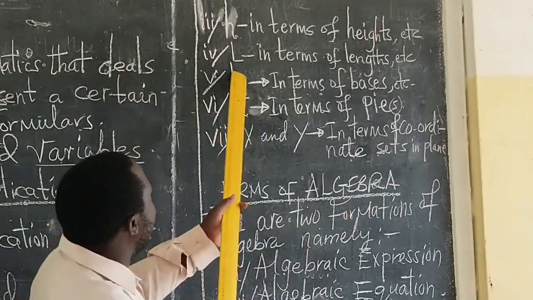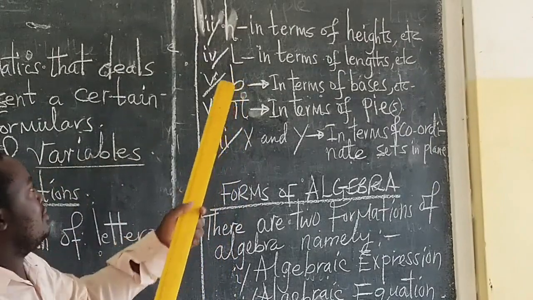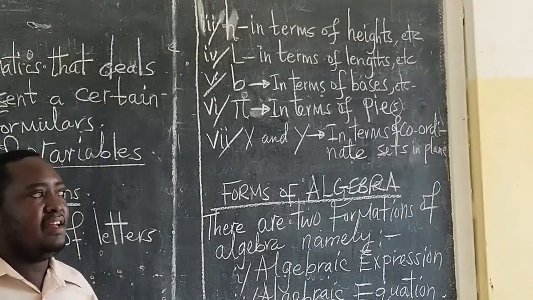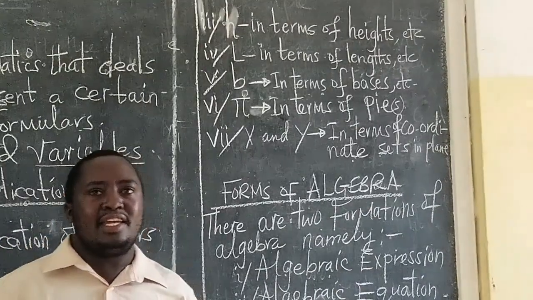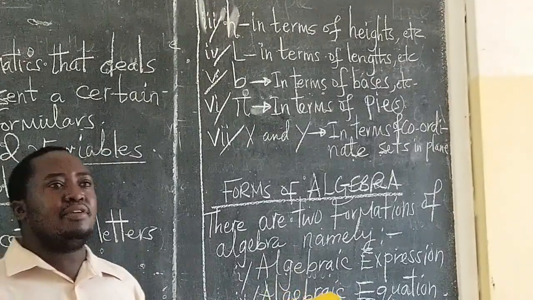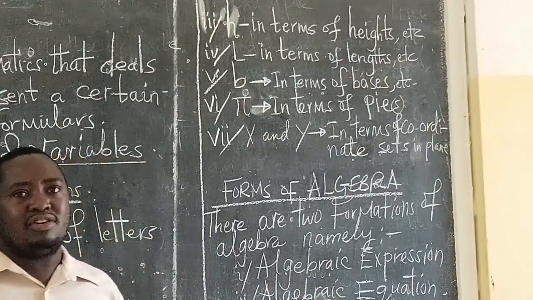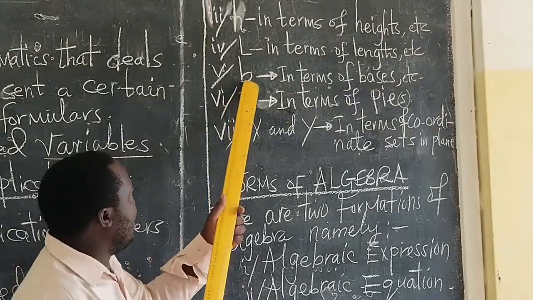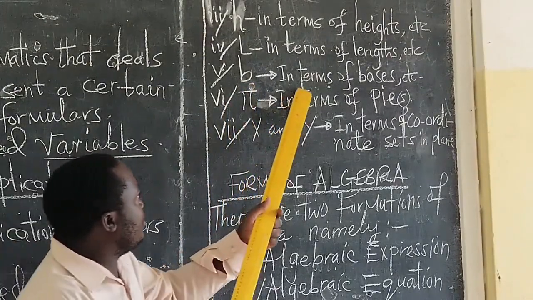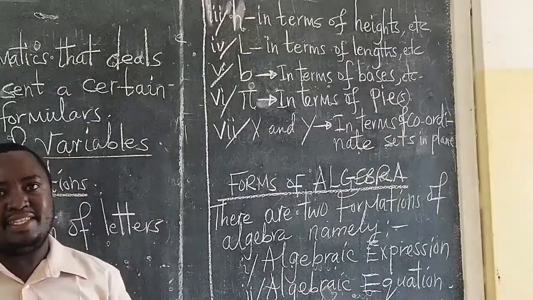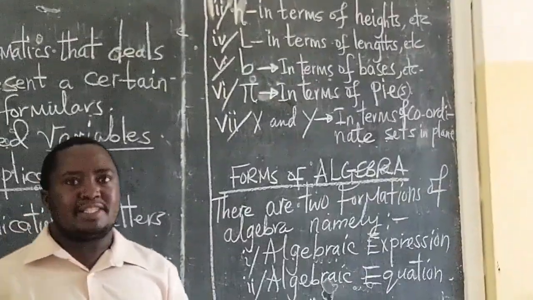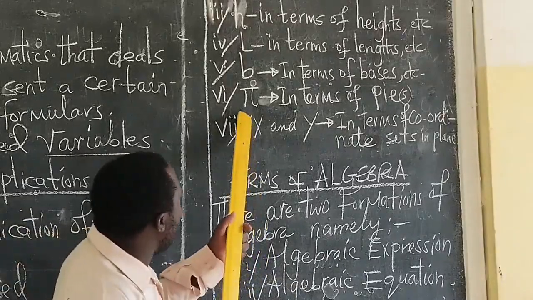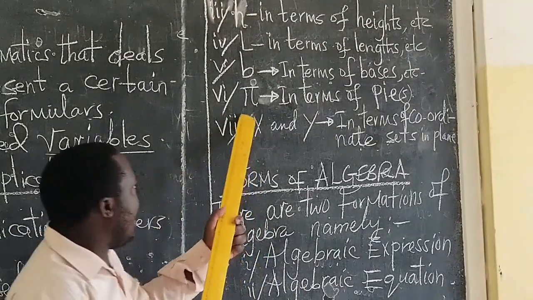But also we have the use of L. L is used in terms of lengths. Let's say we use L in the rectangle, we use L in the cones, etc. We have also the use of B. Letter B is also used in terms of bases, like the base of a triangle and others. We have also a symbol pi.